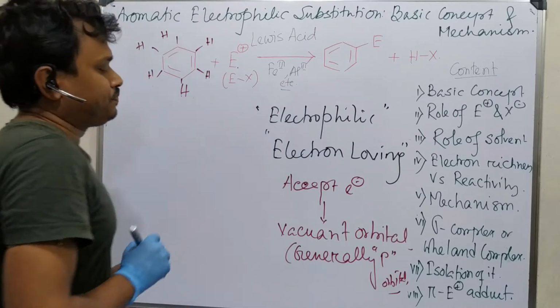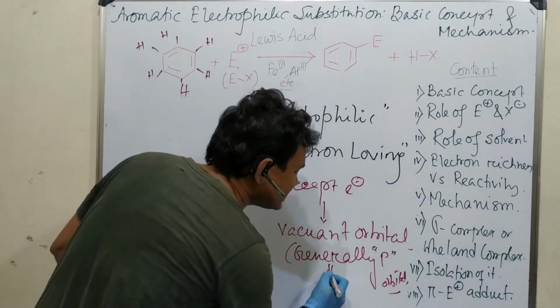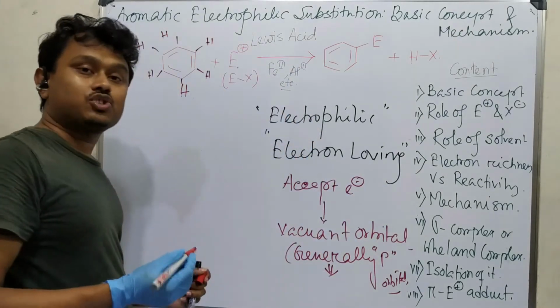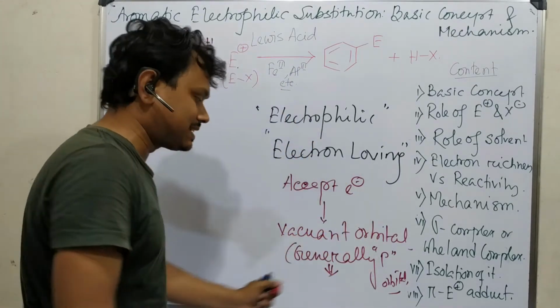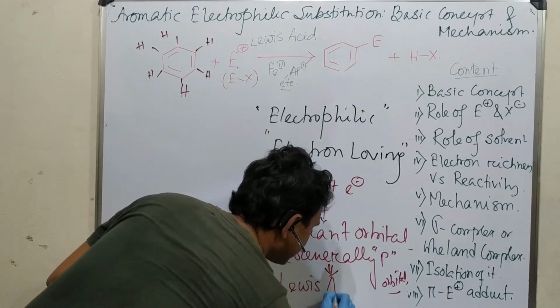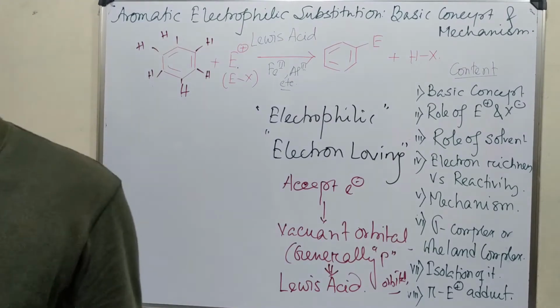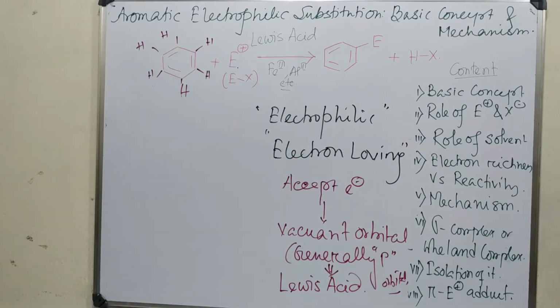Okay, fine. So this indicates that they are Lewis acids. Since they can accept electrons, they have vacant orbitals, so they are Lewis acids. Because Lewis acid means they are capable of taking electrons from somewhere else.